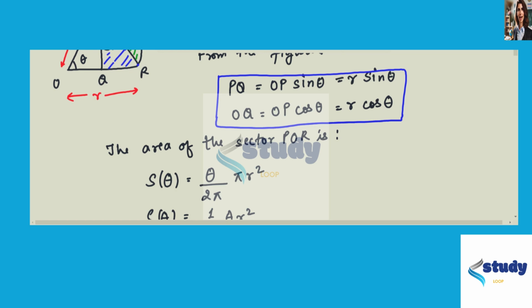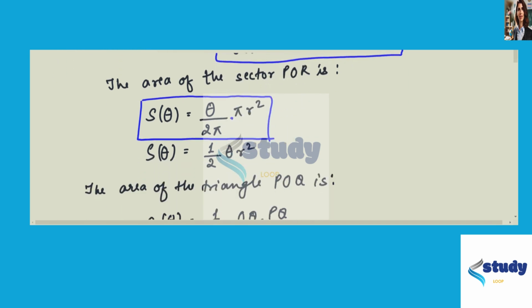For a circle it is pi r square, and for a sector it should be theta by 2 pi into pi r square. You need to remember this, it is very important. Now we will get half theta r square as the area of the sector POR, that is S theta. This is representation only.